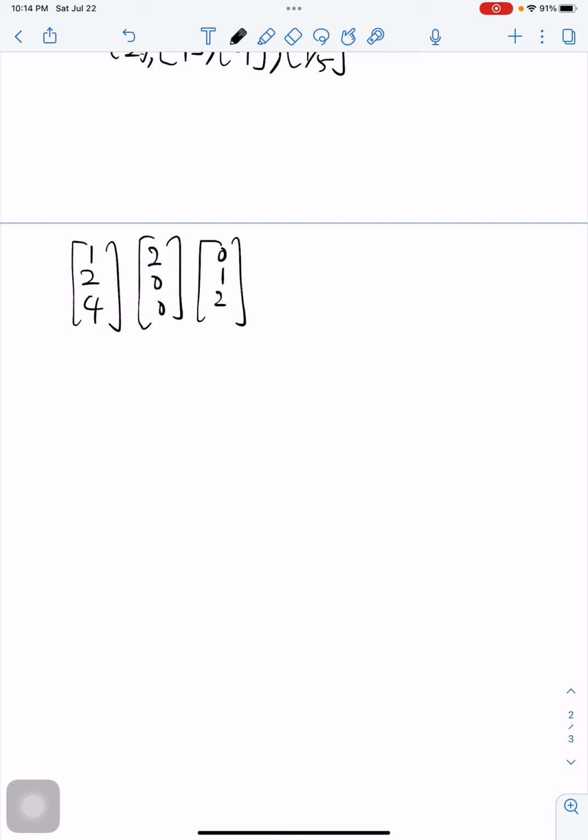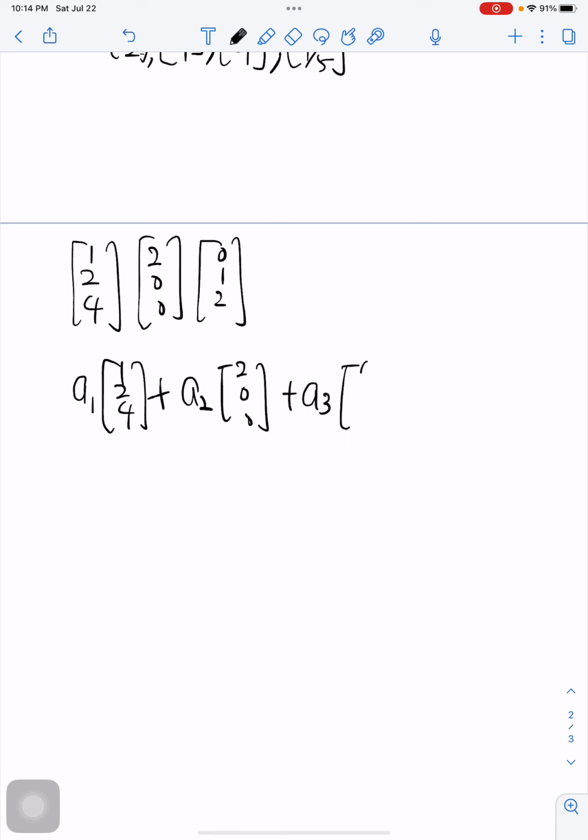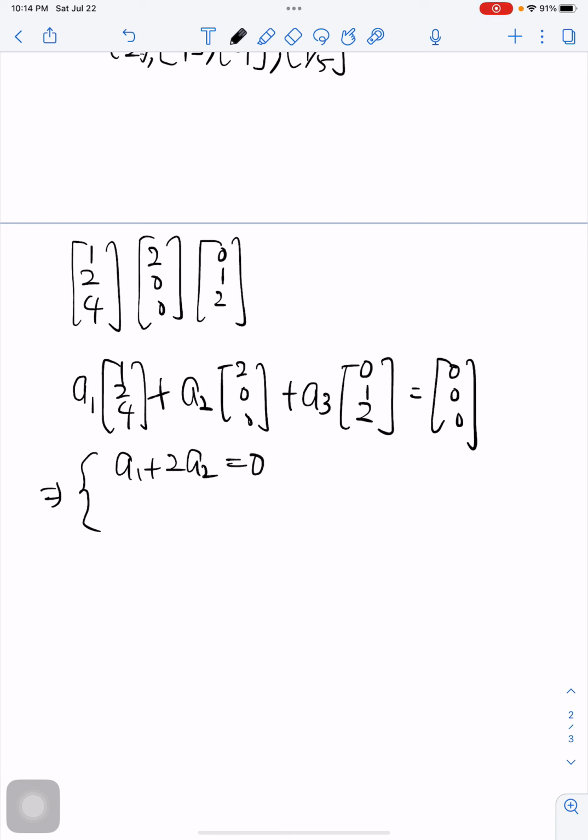To determine their linear dependence, we can use the definition: A1 times (1, 2, 4) plus A2 times (2, 0, 0) plus A3 times (0, 1, 2) equals (0, 0, 0). Okay? This gives you three equations. A1 plus 2A2 equals 0. 2A1 plus A3 equals 0.